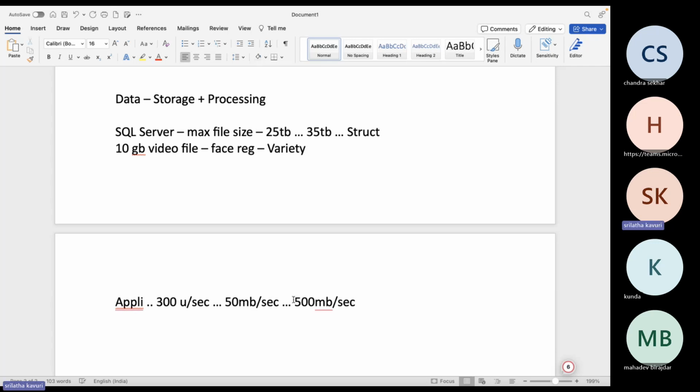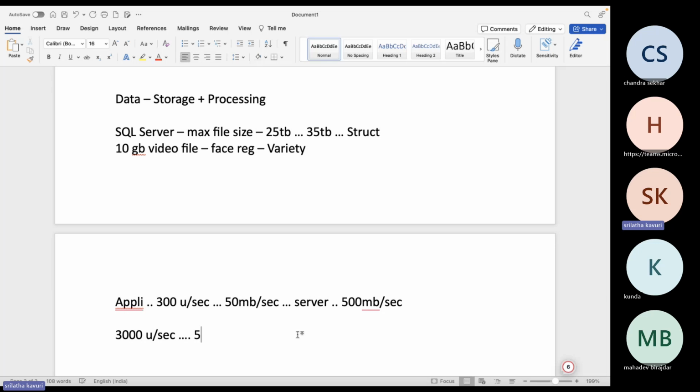Now the application is extremely successful, and more than 3000 users are using it per second. So how much would that generate per second?